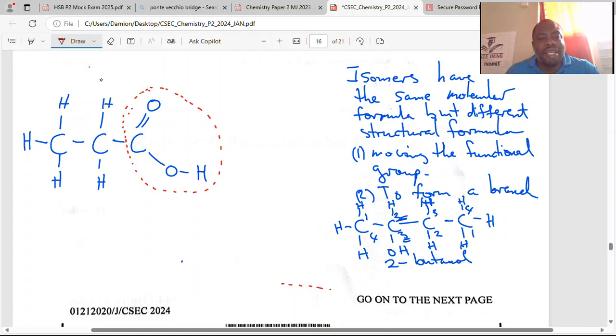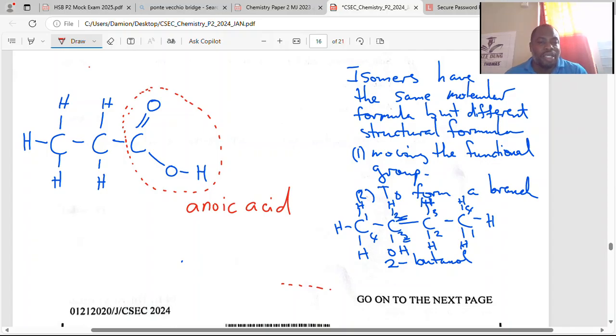So what is the name of this? We end by saying anoic acid. The prefix is based on the amount of carbons, and then we say anoic acid.